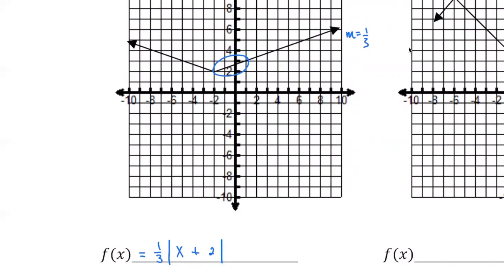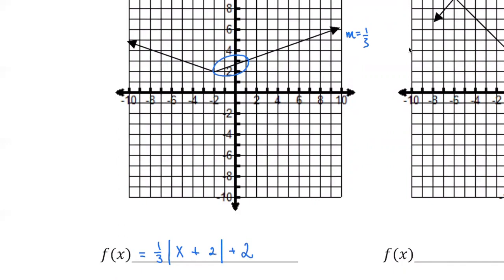Moving 2 units to the left leads you to the X plus 2 in between the absolute value function. And then it moves up by 2 units, so we will have a plus 2 outside of the absolute value function.